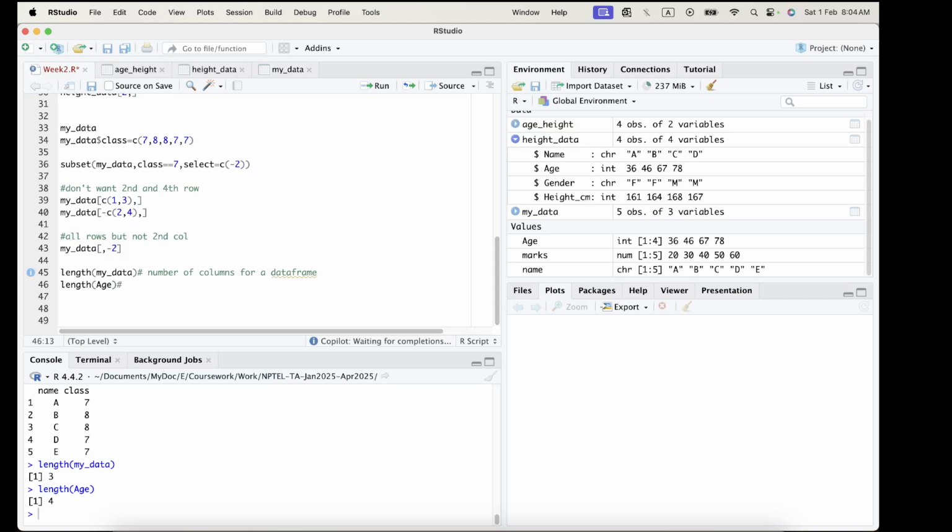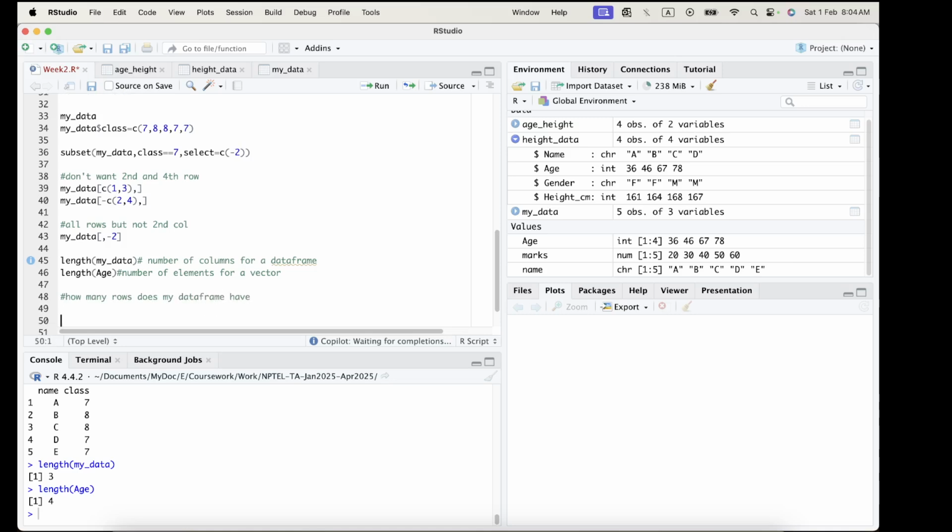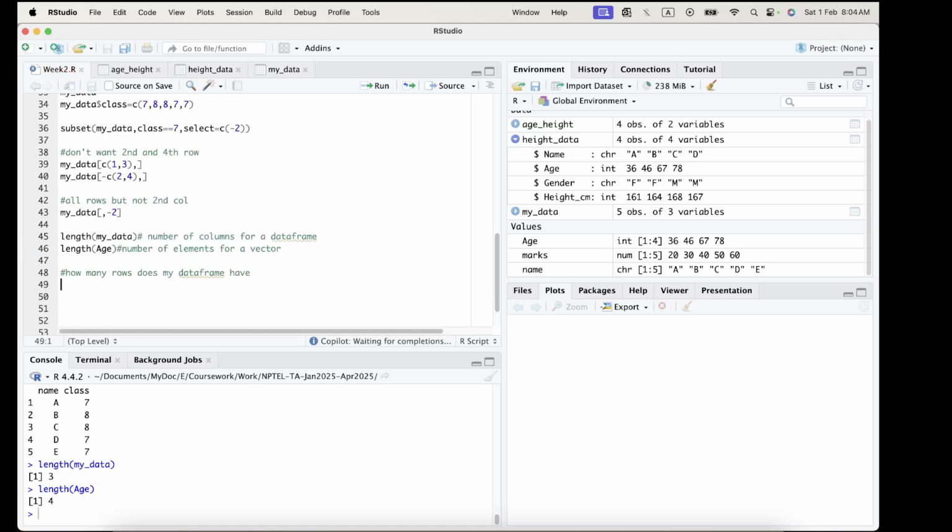But the same command gives the number of elements for a vector. So if I really want to know how many rows my data frame has, I have to use the command nrow.